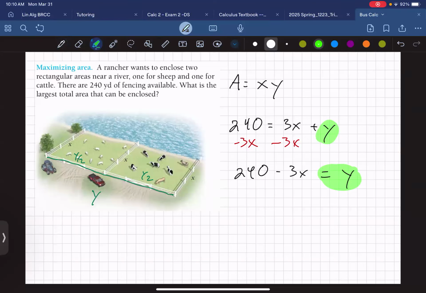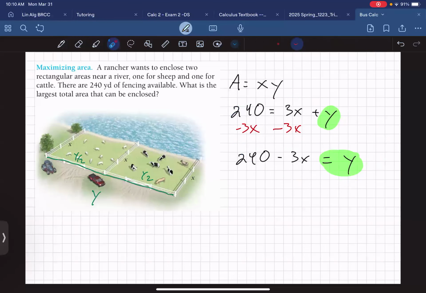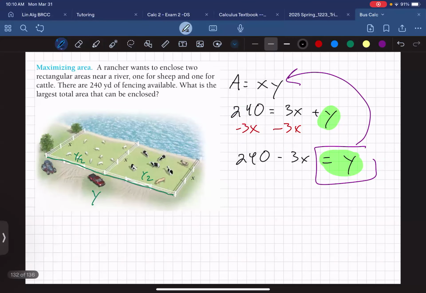The reason we like this, though, is we can now take this equation we have and plug it into our area. So we're going to take this Y value that we just found, and plug it in here. And that's going to help us eliminate one of the variables. So now we'll have A equal to X times, and I'm putting parentheses because it's no longer Y, 240 minus 3X.